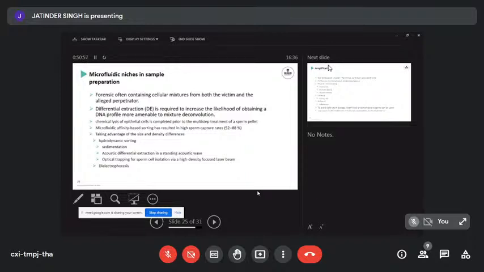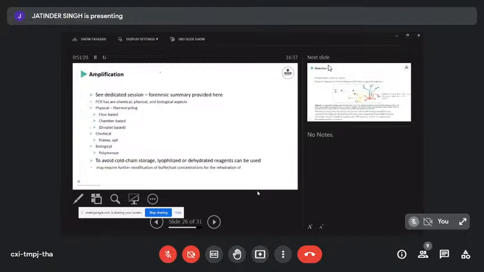That allows you to separate the epithelial cells that come from the person who has been raped and the sperm cells that come from the rapist. Microfluidic affinity sorting has also been really good at testing for sperm and finding it for forensic purposes. We've looked at the hydrodynamic sorting with the H filter.